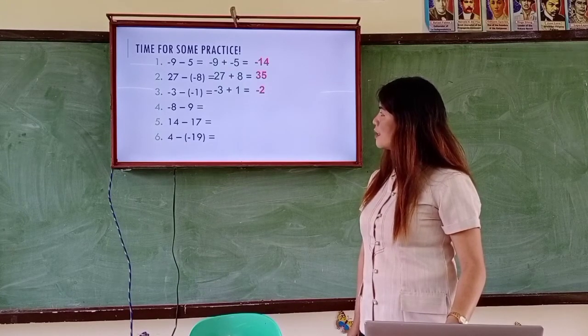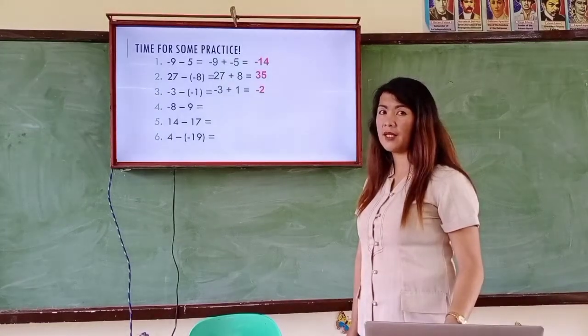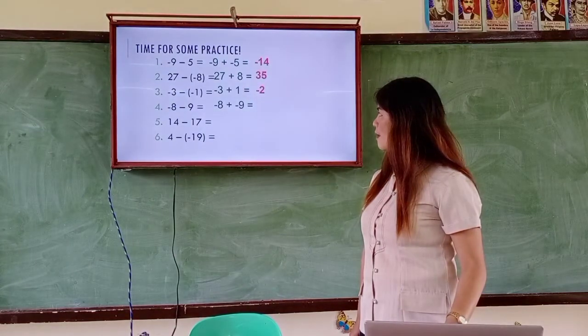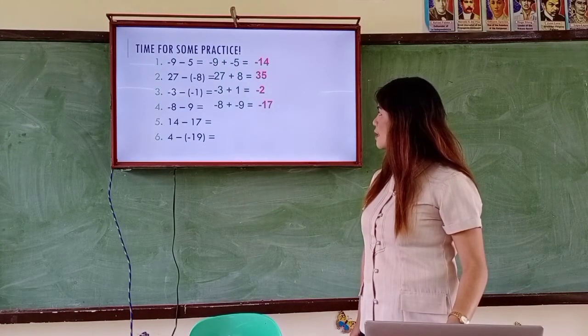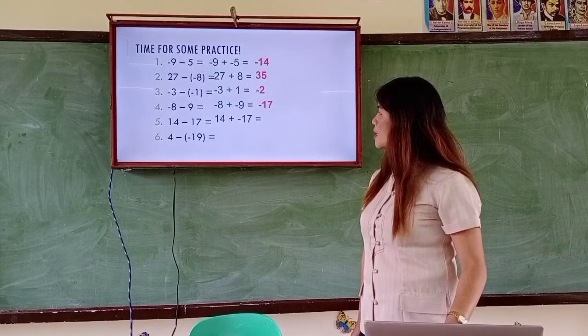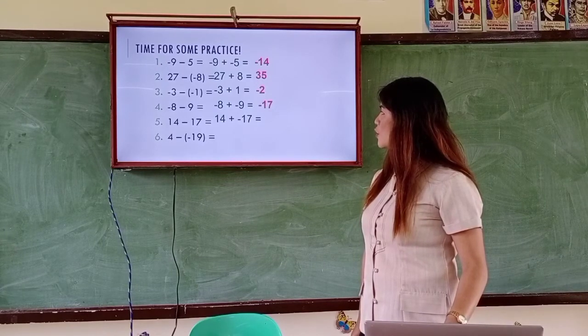And number 4, -8 minus +9. So keep, change, change. That is -8 plus -9, which is equal to -17. And number 5, 14 minus 17, that is 14 plus -17, which is equal to -3.